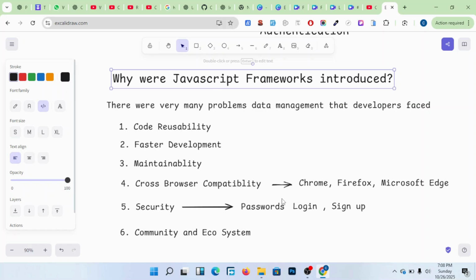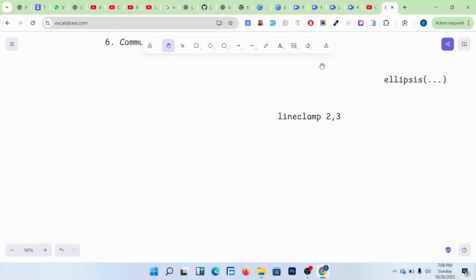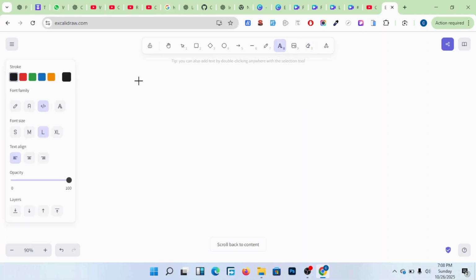So members, let's go down and see. Let me first wrap up this, which I was dealing with yesterday. So members, let's now introduce the examples or types of frameworks.